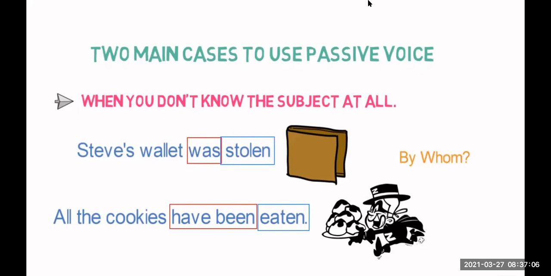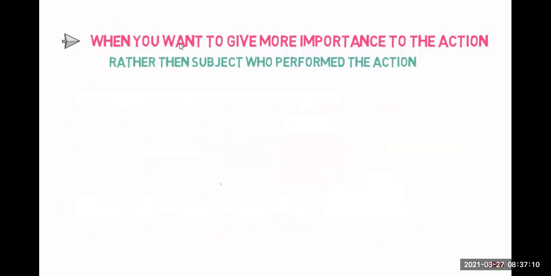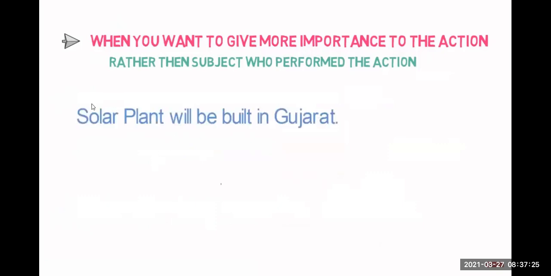Okay, very good. Let's see another situation. When you want to give more importance to the action, we can also use the passive voice, when we want to give more importance to the action and not to the subject who performed it, okay? For example, solar plant will be built in Gujarat.